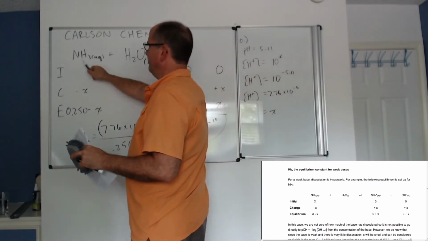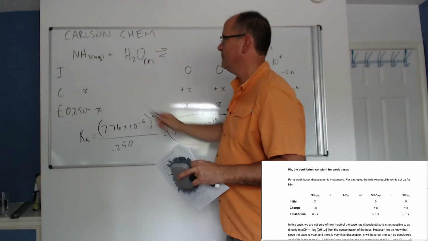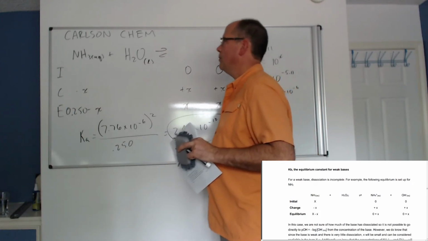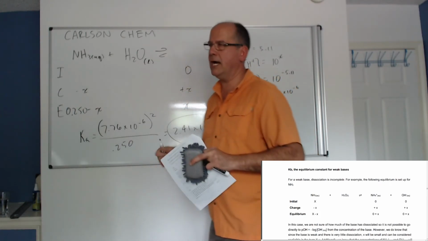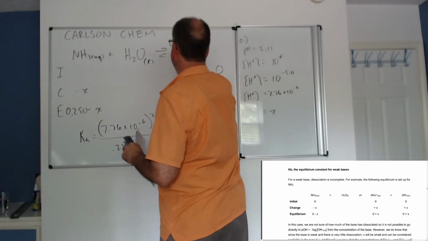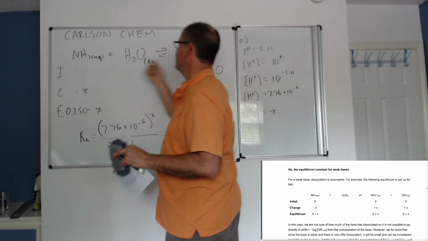But if you know this is a weak base, then water is going to act like an acid. And if this is a base, then bases accept a proton, or they accept a hydrogen ion. So if this accepts one, it's going to take it from the water, and this becomes NH4. So if this is a base, this is its conjugate acid.